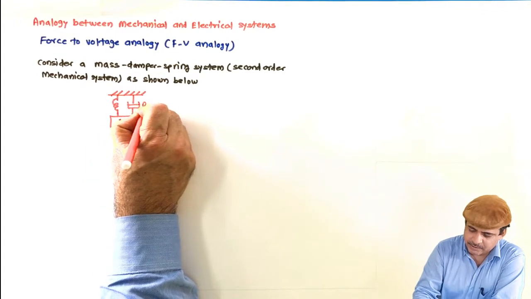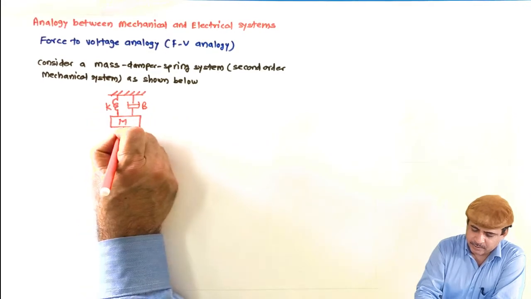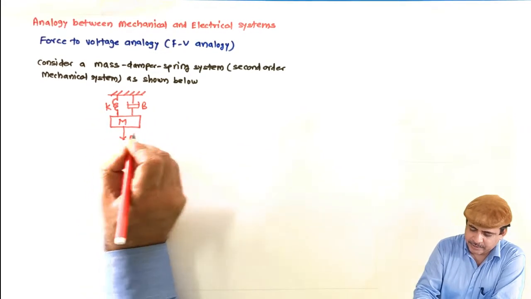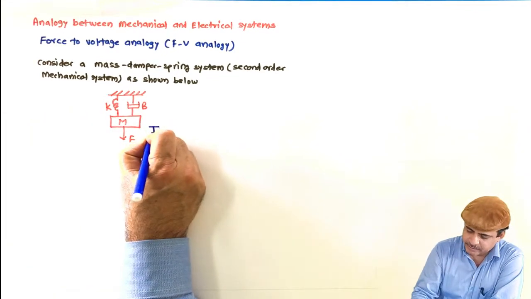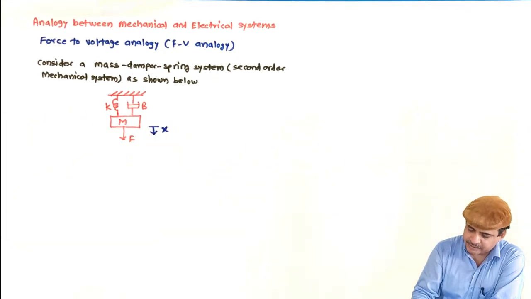So this is the mass, damper and spring, and a force is applied to it, which is causing the displacement x.